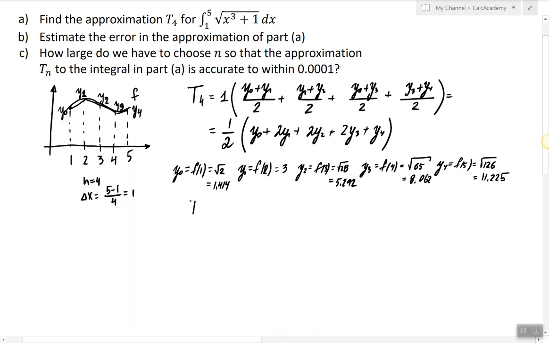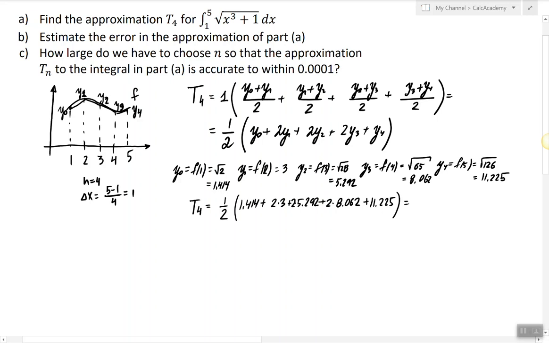So T4 therefore is equal to 1/2 of (1.414 plus 2 times 3 plus 2 times 5.292 plus 2 times 8.062, I lost the 2 over here, plus 11.225). Again, I'm just going to use a calculator to compute this.